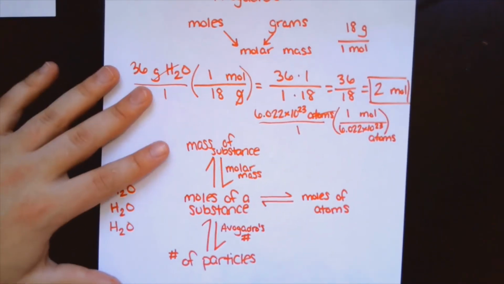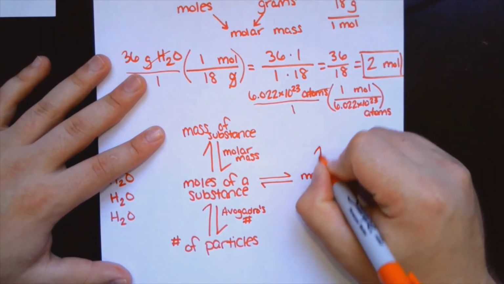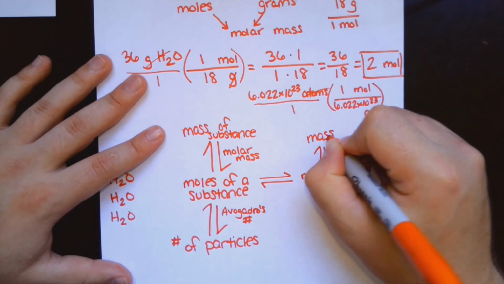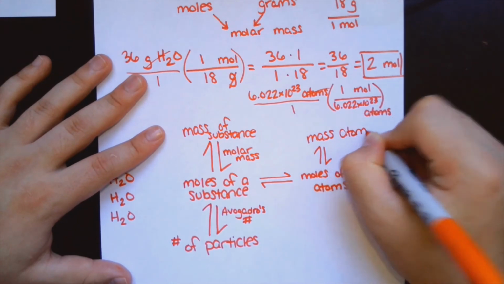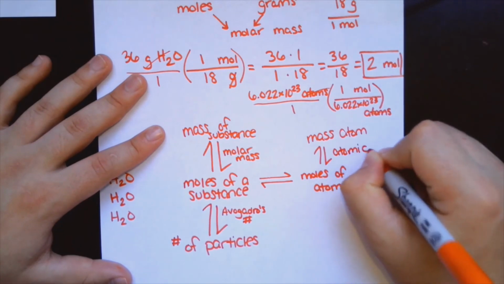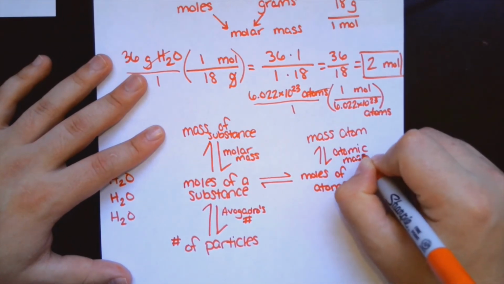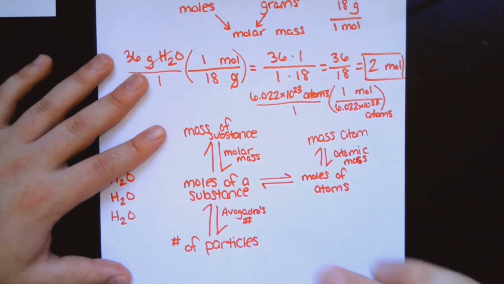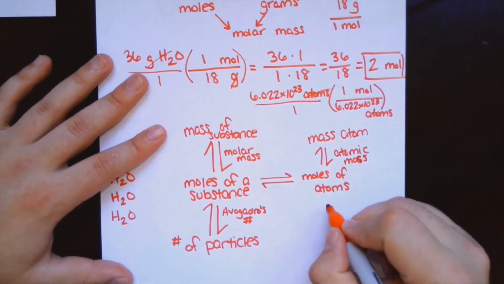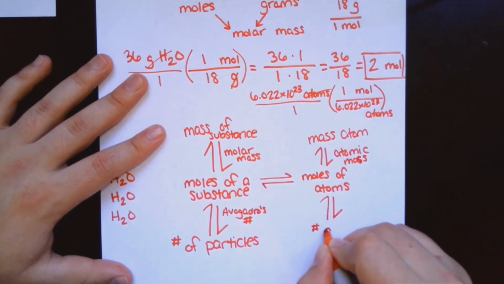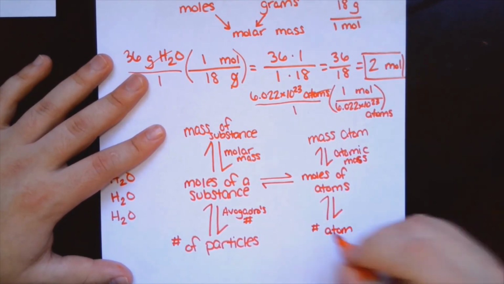And of course, from moles of atoms, for that individual atom, you can figure out the mass of that type of atom using that atom's atomic mass, which is effectively its molar mass, but I'm just saying atomic mass to be clear that we are talking about that single atom. Of course, you could also figure out the number of that atom present using Avogadro's number.